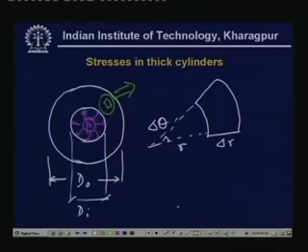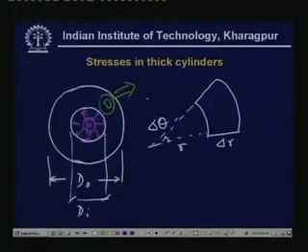We want to find out the different forces on that. But before doing that, let me tell you that there are two possibilities. If the cylinder is very small in length, that is, if it is modeled as a disc, then of course we can assume the pressure is acting throughout the same length.